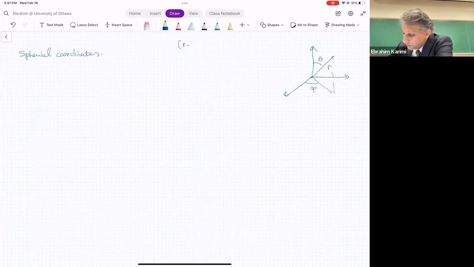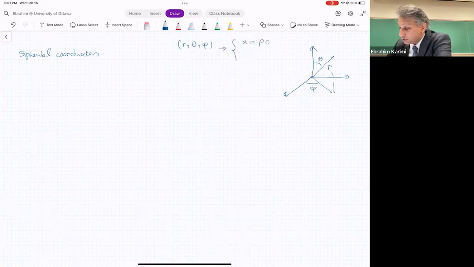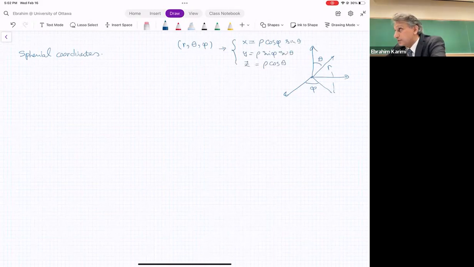So we are dealing with r, theta, and phi. And the relation between these and Cartesian coordinates is very clear. Remember that x was rho cosine of phi sine of theta, and y was rho sine of phi sine of theta, and z was rho cosine of theta. That was the relationship that we had previously.